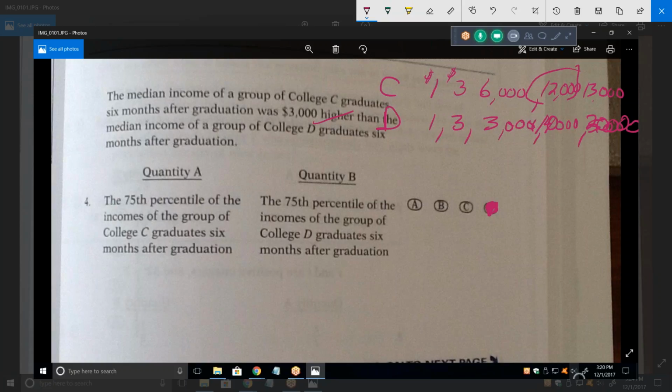Once I've realized that I can put a low median and as big numbers as I want to the right of that, I can make this 1 million and this 2 million. In other words, the median does not really control the 75th percentile. Perhaps I'd have been better off if I hadn't put 5 entries, if I'd only put 3.